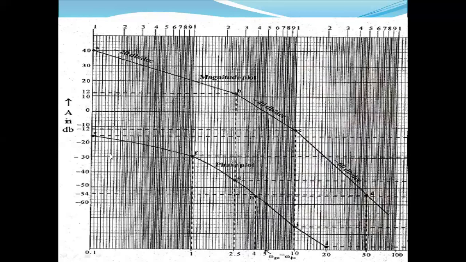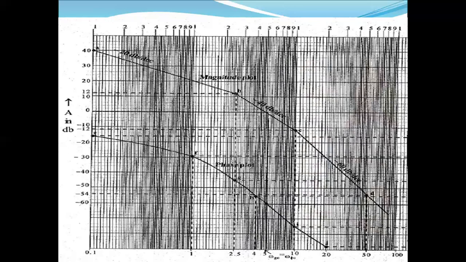Then for each corner frequency I mark the phase angle also, at 0.1, 1, 10 and 50. And for the phase angle you can draw the curve as a smooth curve. Once you have drawn the magnitude and phase angle plot, you can find the phase margin and gain margin.